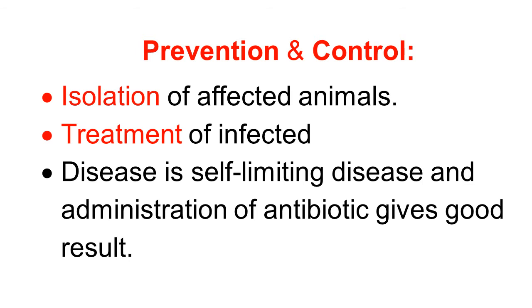Treatment of the infected. We have already seen the treatment and it is curable, not very difficult. Many times by giving the proper antibiotics and proper treatment, disease is self-limiting. It is curable. So no problem. Prevention and control can be very easily done by proper treatment of the diseased animal.